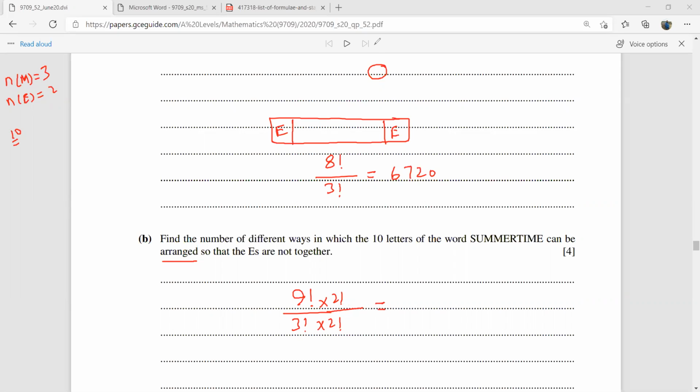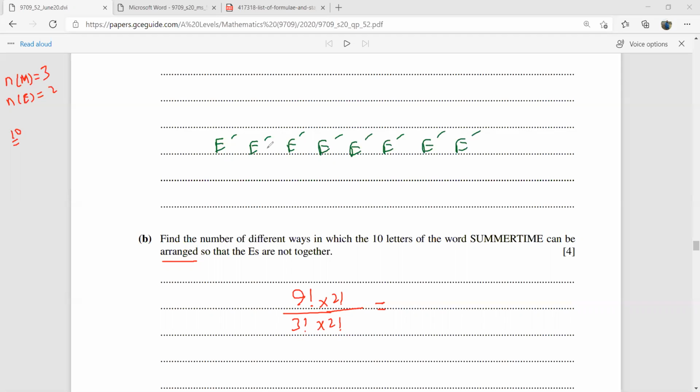We have learned another way of finding such arrangements where we keep certain items away from each other. That is where you have the 8 letters, 5, 6, 7, and 8. Here are the slots where you can keep these 2 E's.